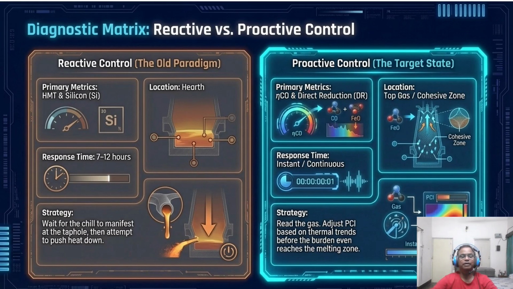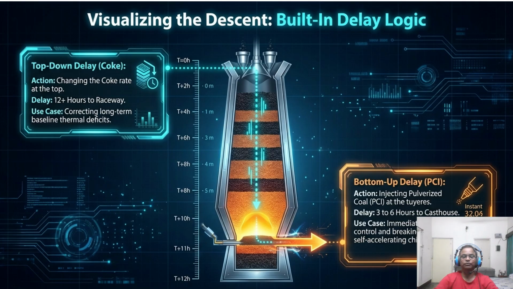Now coming to visualizing the descent, for better understanding, the built-in delay logic. Think of the furnace as having two different clocks. On the left we have the top-down delay. When we charge the coke rate at the top, it takes over 12 hours to reach the raceway. This is for long-term baseline corrections.